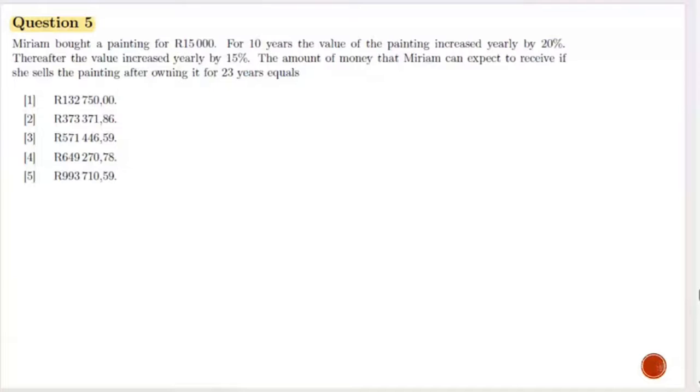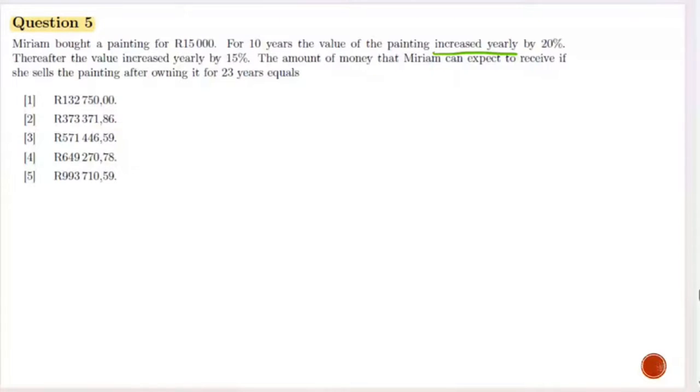I don't see anything talking about discount. How do I know? Because I know the definition of compound interest. Compound interest is saying the interest is increasing yearly. That is giving me increased yearly by, so every year there's an interest rate that is increasing, that is telling me about compounding.